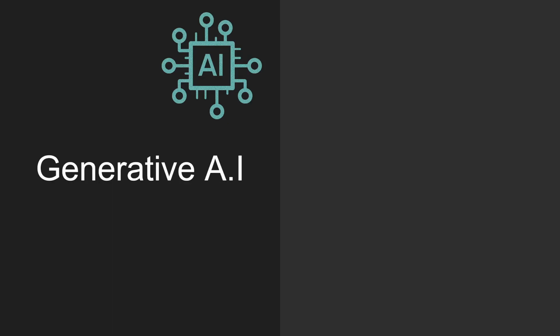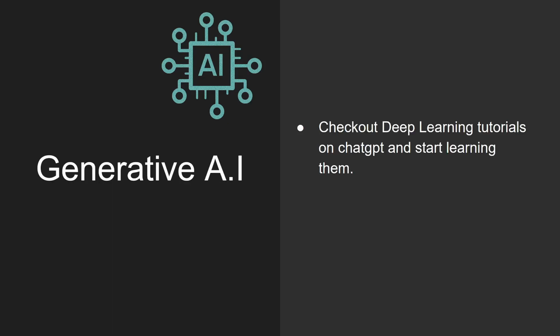After covering these 4 steps, first was maths, second was Python, third was data analysis, and fourth was these frameworks. After being packed with all these 4 steps, this is your 5th step, which is generative AI. You can check out deep learning tutorials on ChatGPT and start learning them.